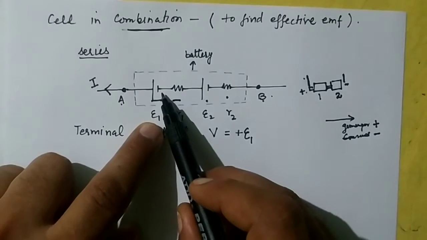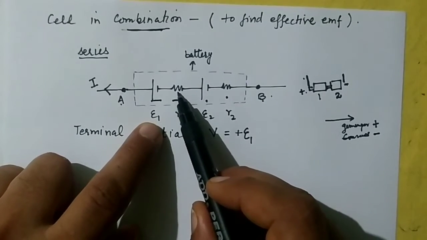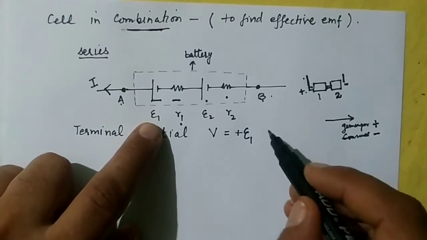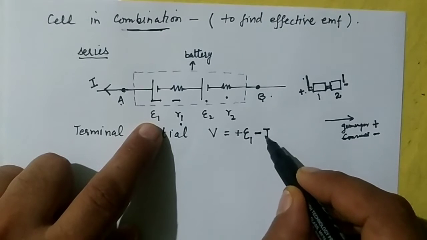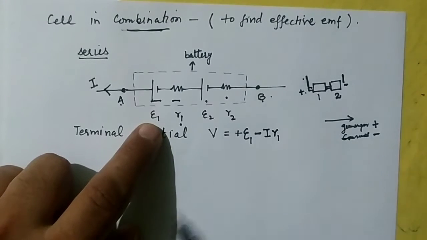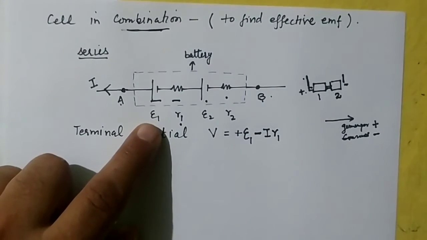Now if we move further, resistance always consumes energy in the form of heat, so again there is a potential drop. The potential drop is the resistance multiplied by the current, so minus I R1.